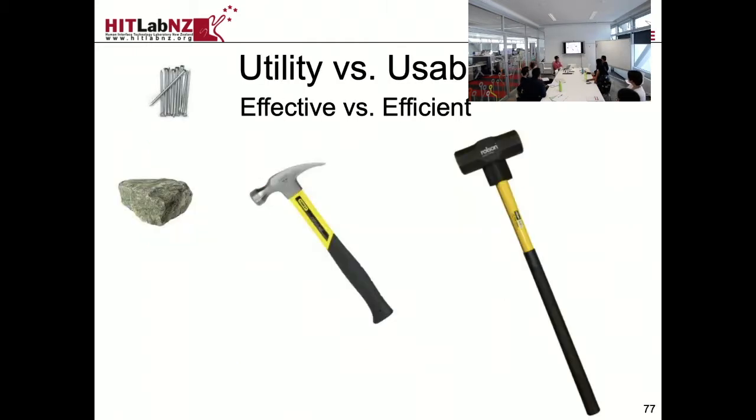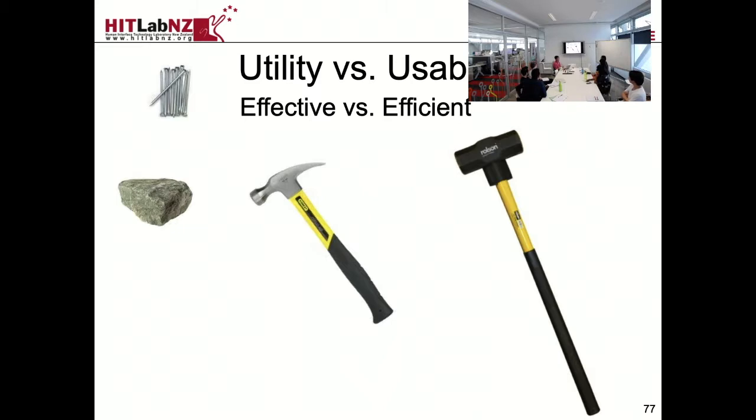For example, maybe we can have some thought about effective and efficient. Both hammers maybe work to put a nail into a rock, but which will be more effective? Maybe both will be effective, right?